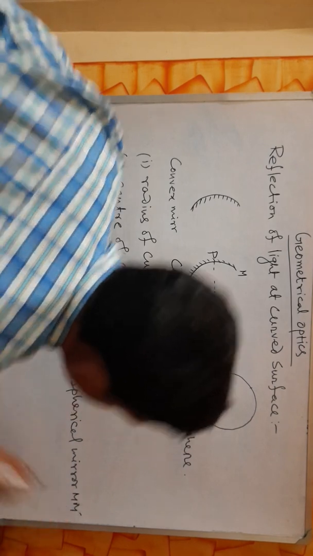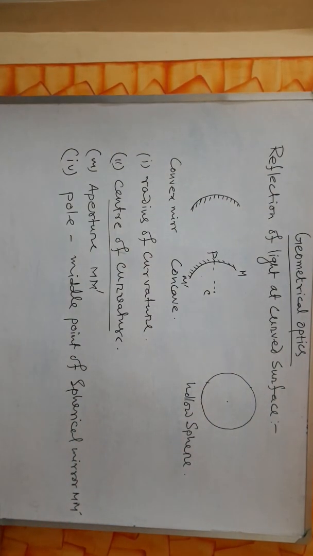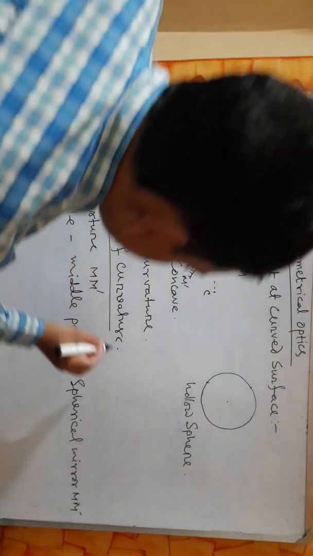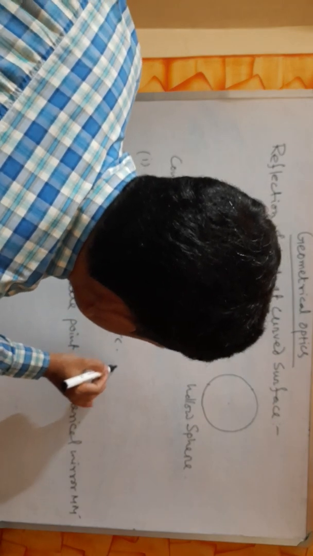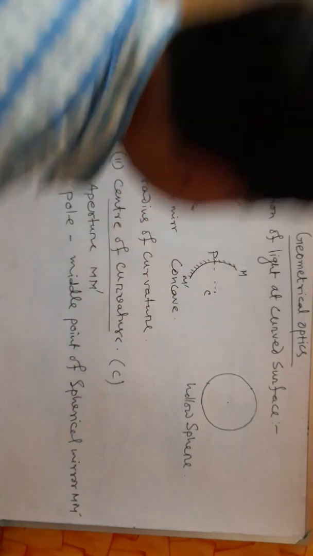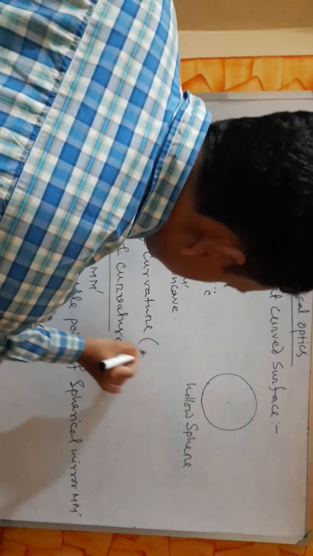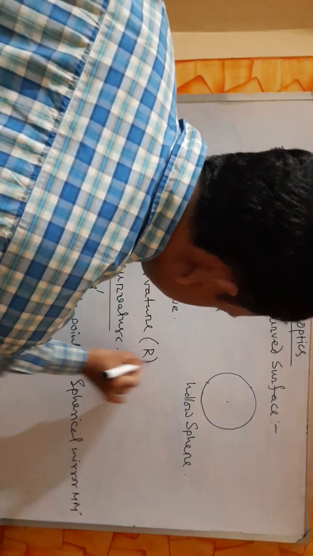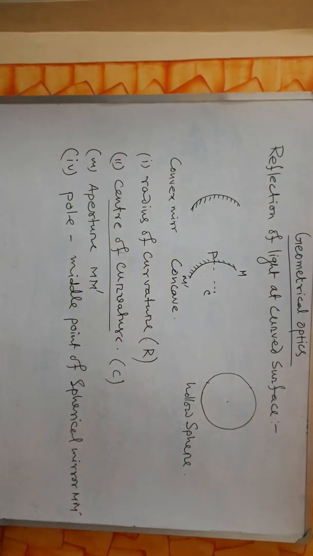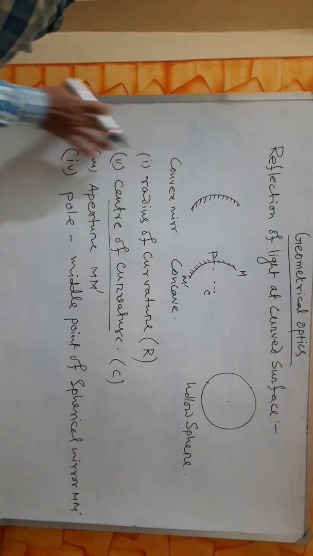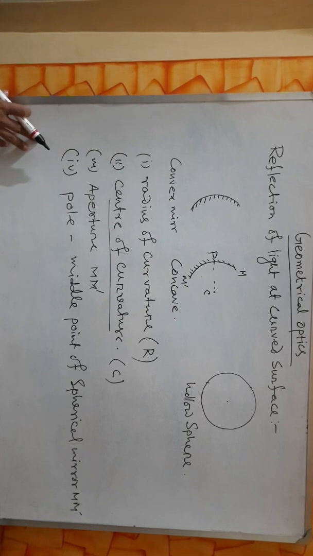The center of curvature is denoted C, the radius of curvature is denoted R. So the four points are noted down.